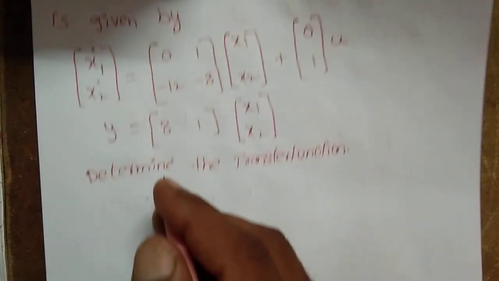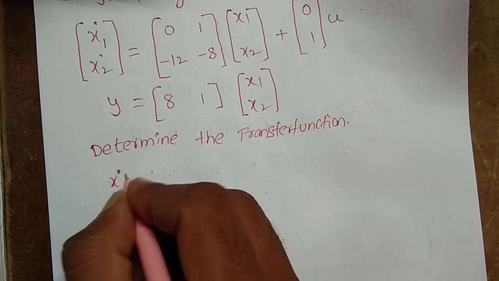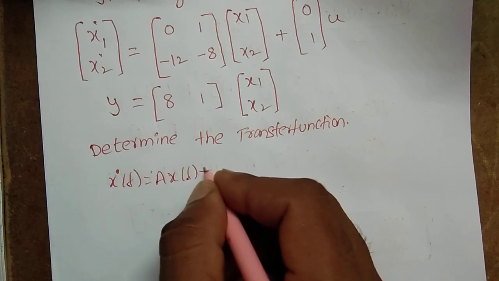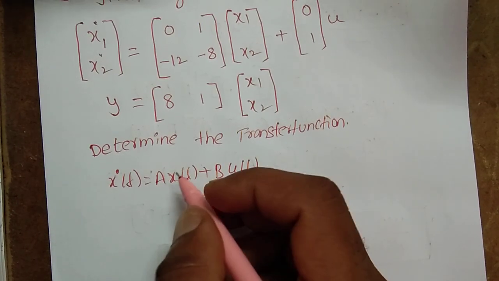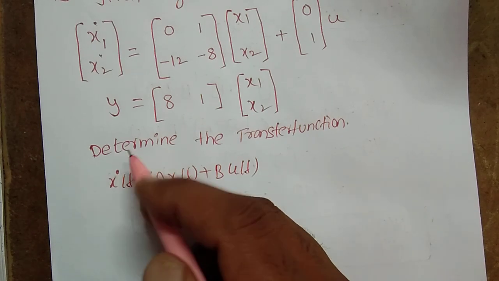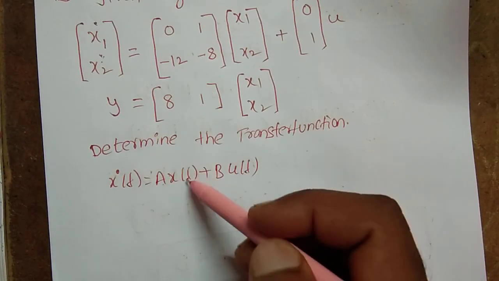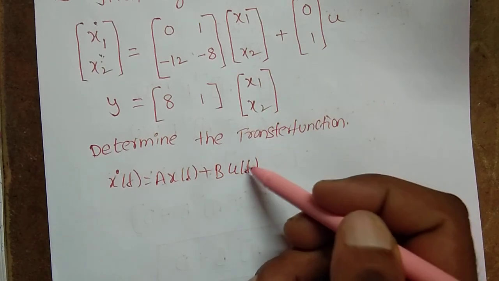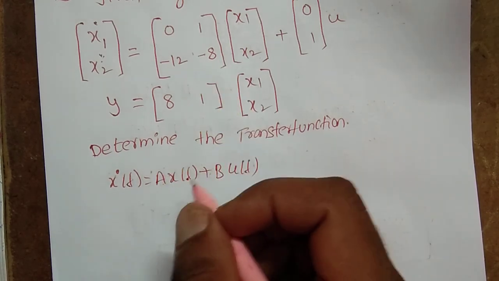You have the two equations. That is, x dot of t is equal to A x of t plus B u of t. Compare this equation with this one: x dot of t is equal to A x of t plus B u of t, where A and B are the matrices.